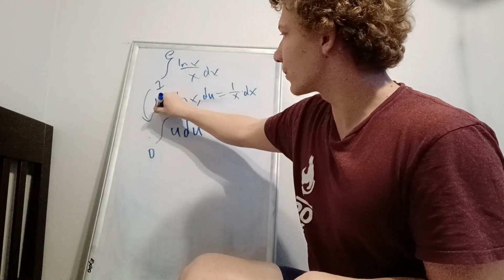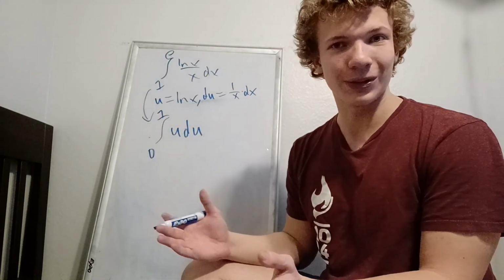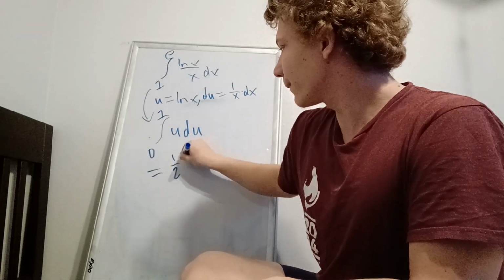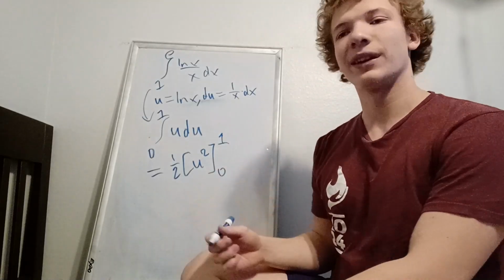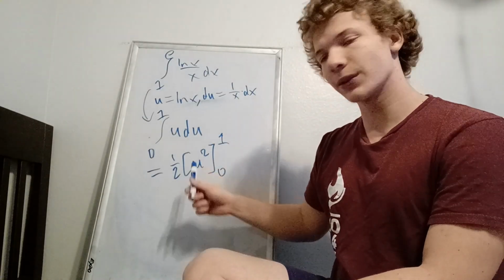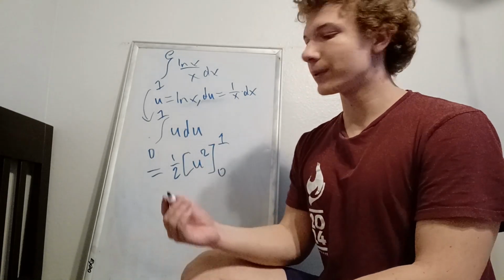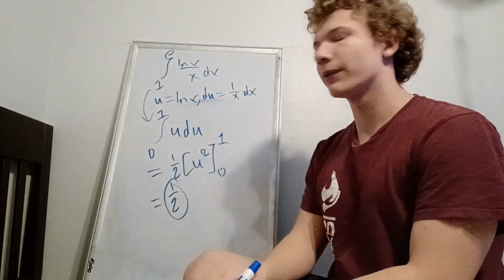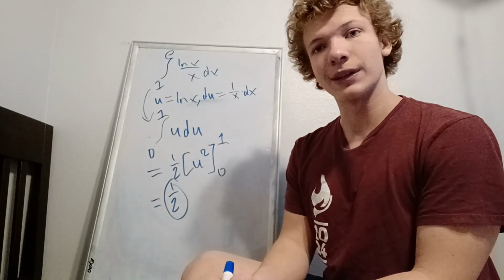So u will be equal to 1, and we have the integral from 0 to 1 of u du. This should be pretty easy. We'll evaluate as 1/2 u squared, evaluated from 0 to 1. Don't have to worry about evaluated at 0, because this will go to 0. So evaluated at 1, 1 squared is 1, times 1/2 is 1/2. We'll get 1/2 as our final answer. And that'll be our final solution for this integral.